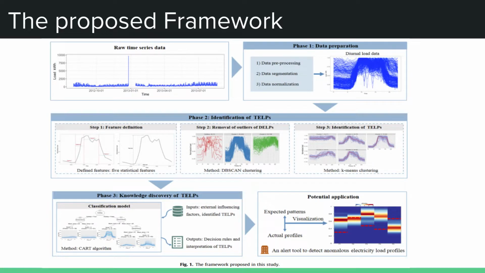So for this one, they used a CART algorithm, or a decision tree algorithm. This means identifying which are the most influencing features for the identification of the clusters. And finally, they discussed how this framework can be used to detect anomalous electricity load profiles, or anomalous electricity usage in a building.